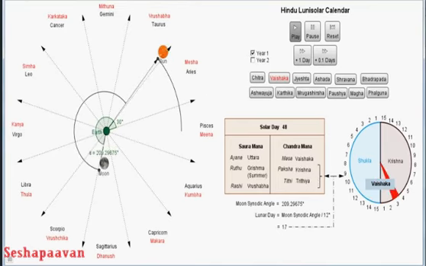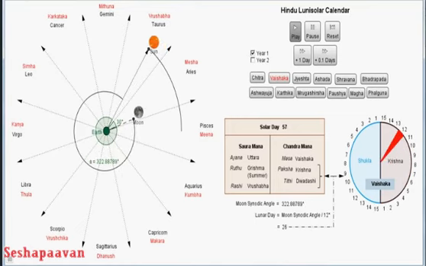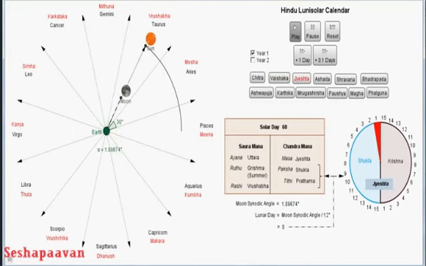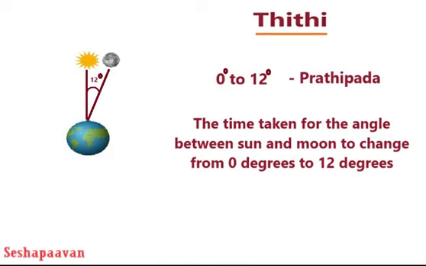In this way the Hindu calendar is calculated. But in my explanation I am keeping earth and sun constant and showing the movement of the moon.